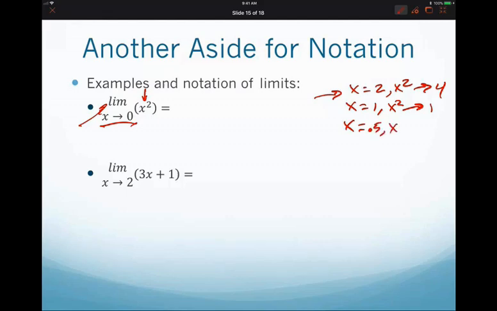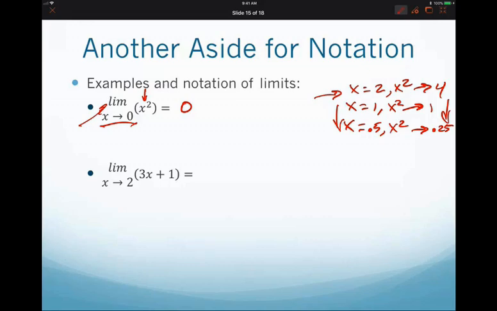Well, 0.5 squared is just equal to 0.25. Again, as x gets smaller, x squared also gets smaller. So in a limit, if we kept doing this forever and ever, the limit as x approaches 0 of x squared is going to be equal to 0.